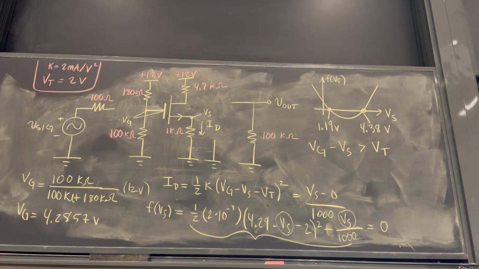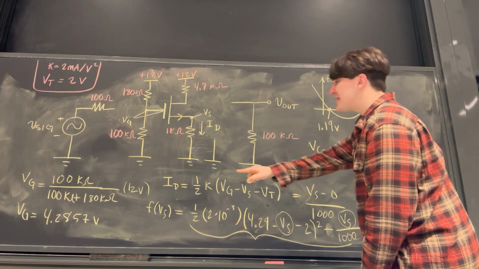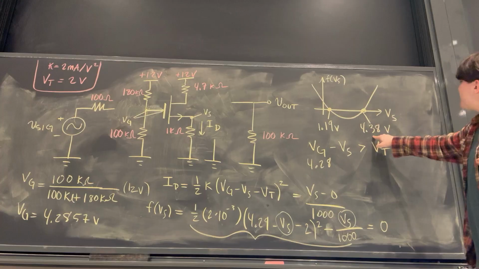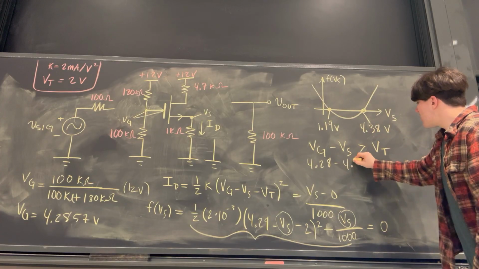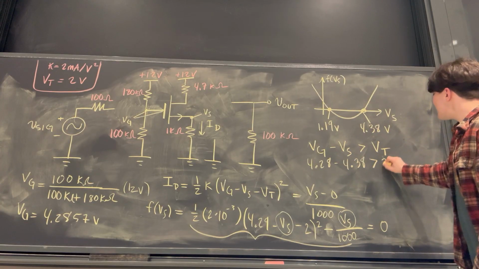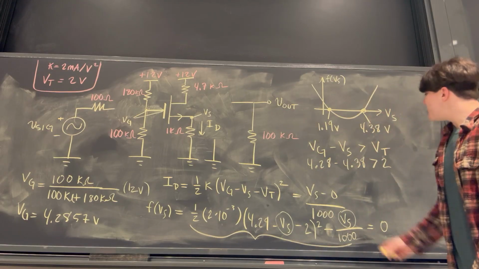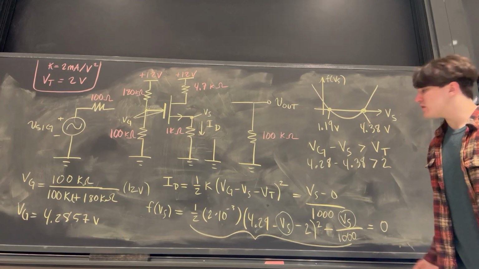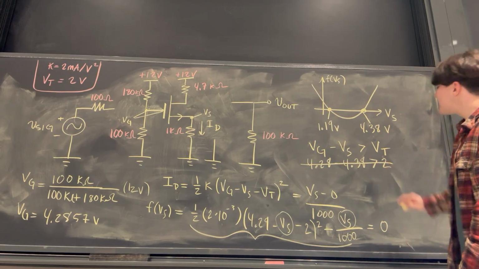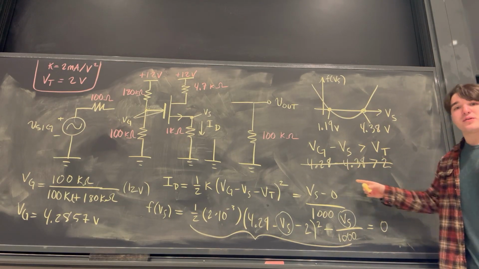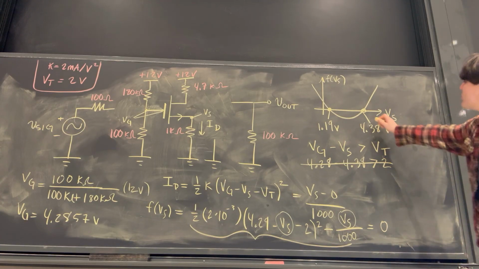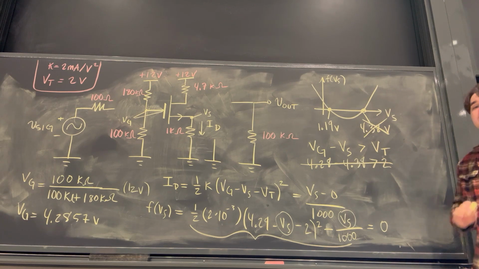We know that Vg is 4.28. Then if we allowed Vs to be 4.38, that's not looking good because Vt is 2 volts. This would be saying that some negative number is greater than +2. Some negative number is clearly not greater than +2. That's a contradiction. So this root here is not a valid answer for the voltage at the source.